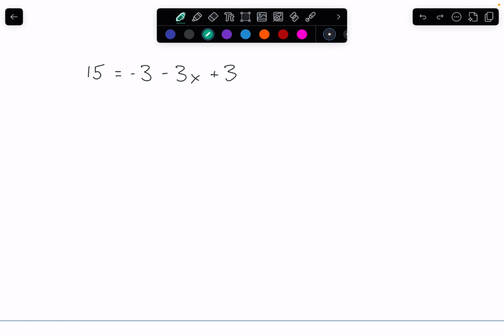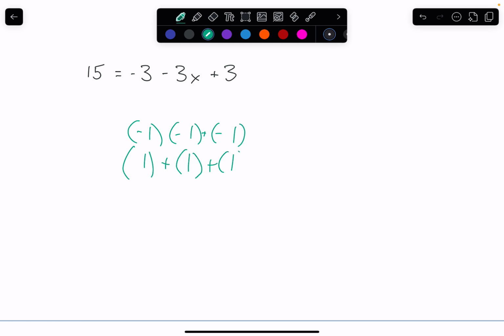And the good news, right? Negative 3 is really just a negative 1, 3 times, and a positive 3 is just a positive 1, 3 times. If we had a negative 1 and a positive 1, well, that's just 0.